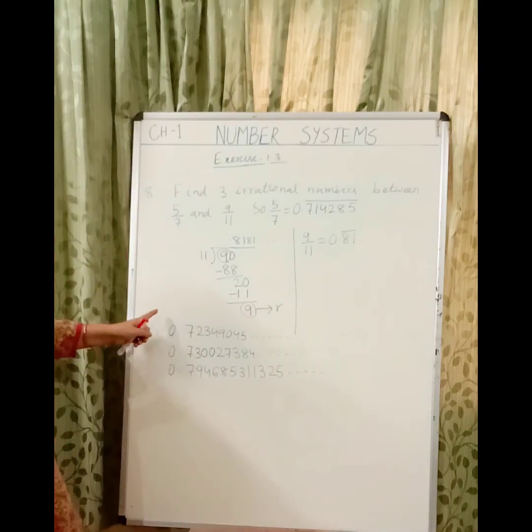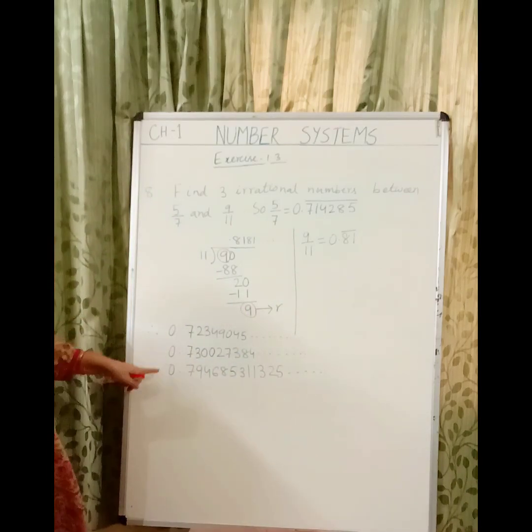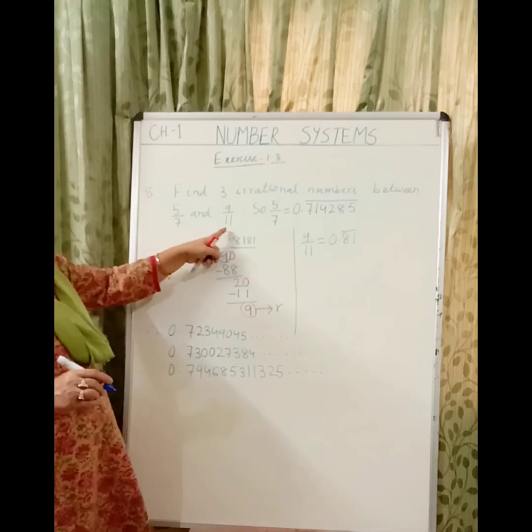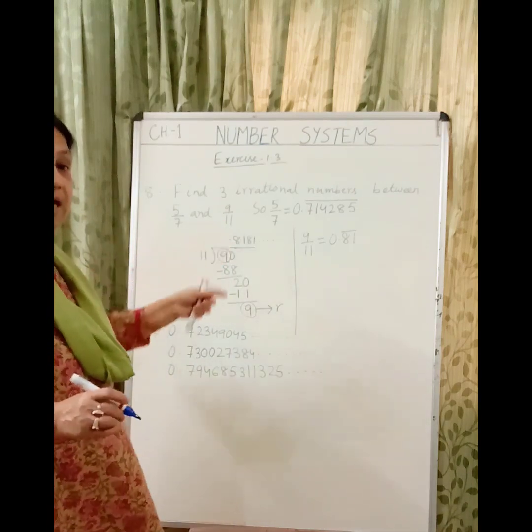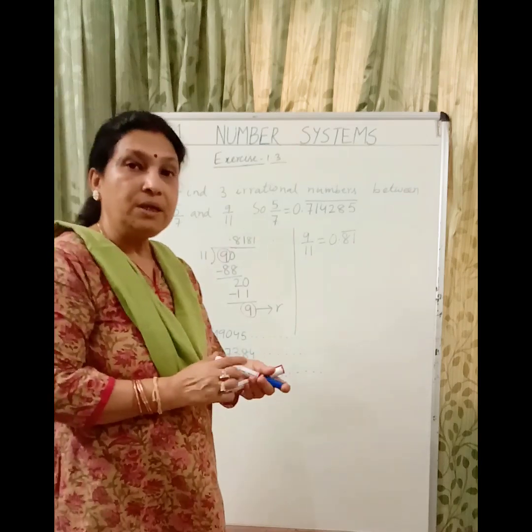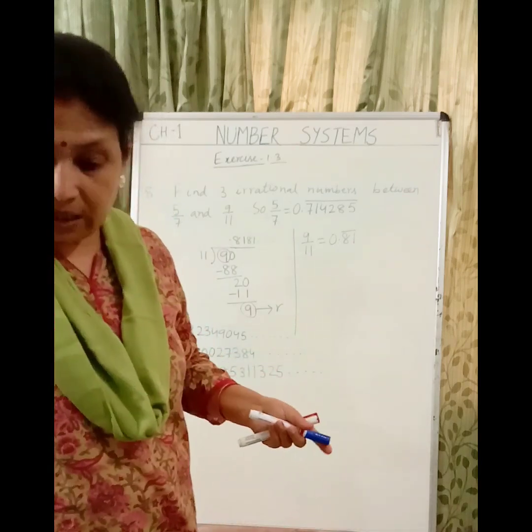So here I have taken 3 irrational numbers between two rationals. We can write n number of irrational numbers between any two rational numbers.